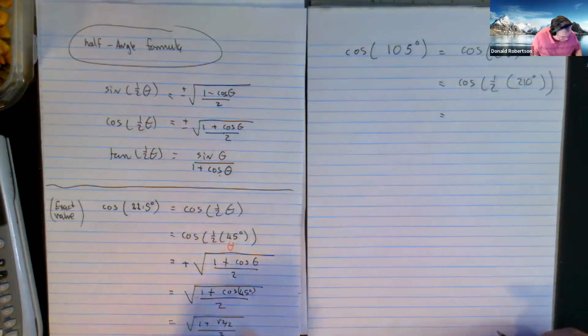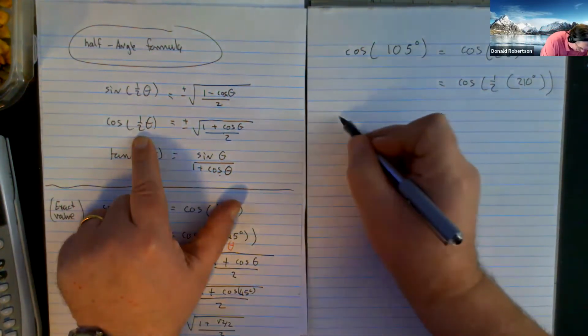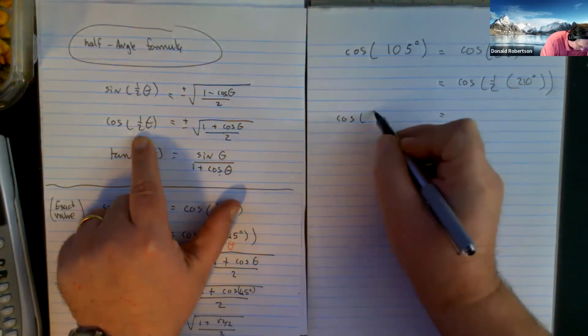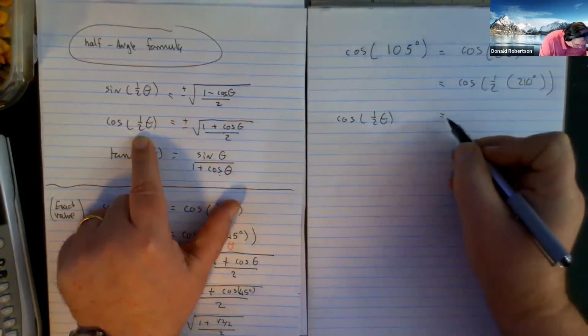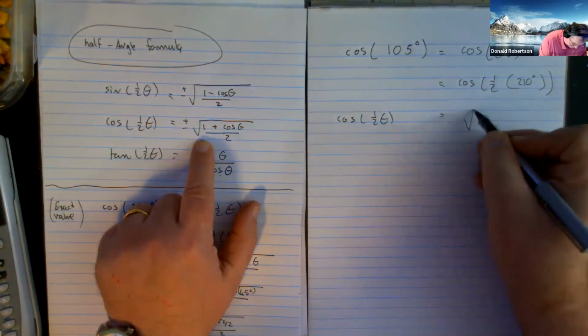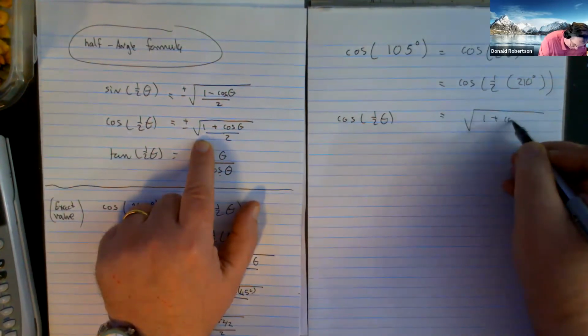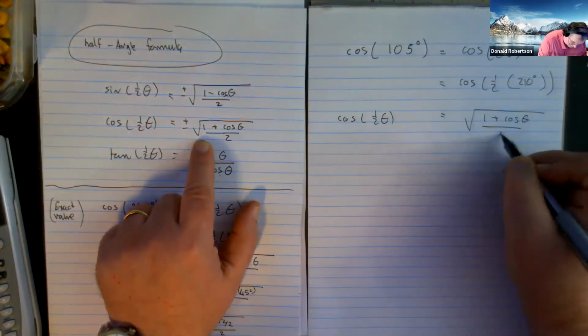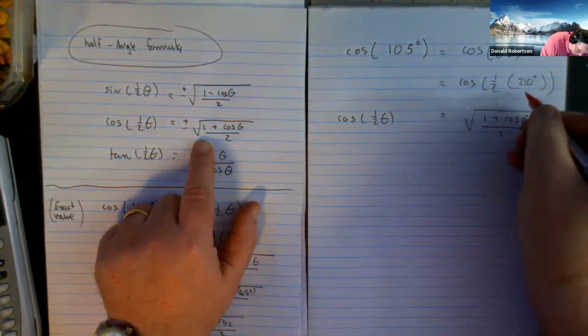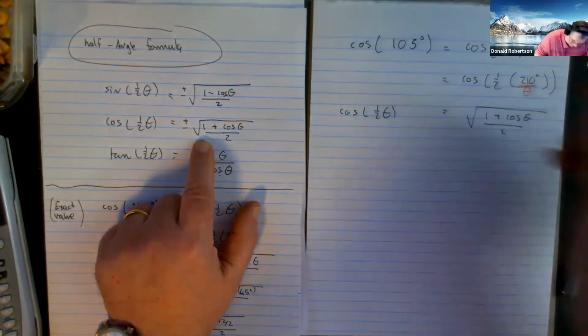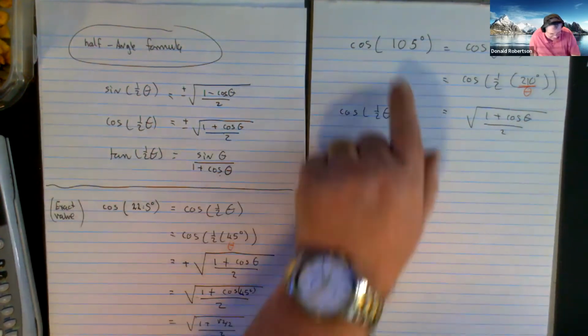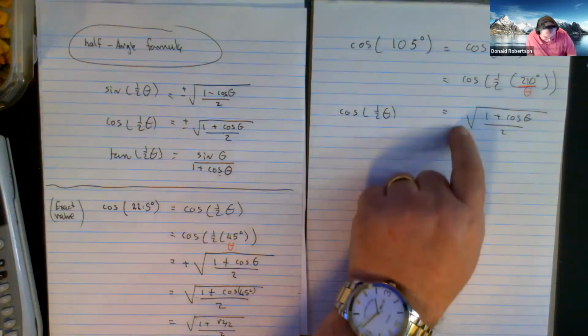Now, according to the cosine of the half angle, which is the one I'm going to use, the answer should be plus or minus this guy. In this case, we have found theta is 210. But is it a plus or is it a minus?